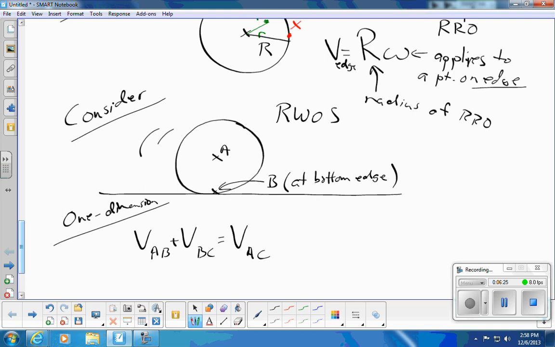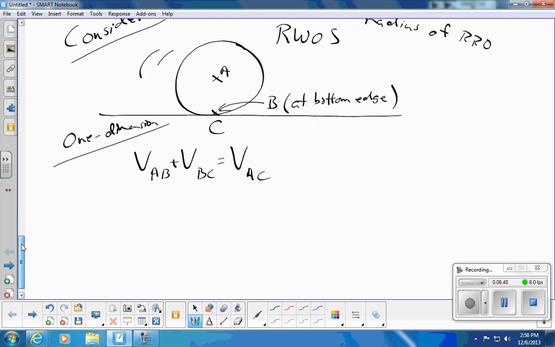So that's actually still part of the rigid rotating object. And the third point I'm interested in is the ground, which I'll call point C, or frame of reference C. Okay, so I have the axis A, a point on the bottom edge of the round thing B, and the ground C.